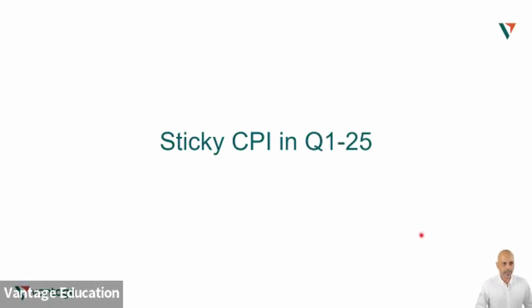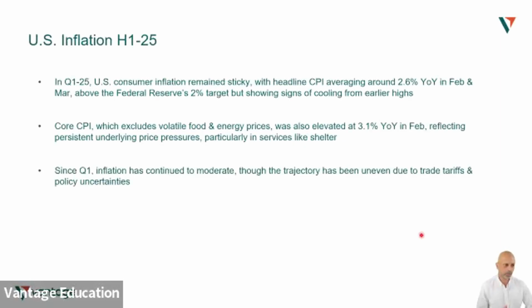Basically, in the first quarter of 2025, from January to February, inflation was relatively sticky, particularly consumer inflation, with both headline and core CPI remaining well above the Fed's target of 2%. Looking at first quarter data, headline CPI was averaging around 2.6% year over year in February and March, but was showing signs of cooling from earlier highs.